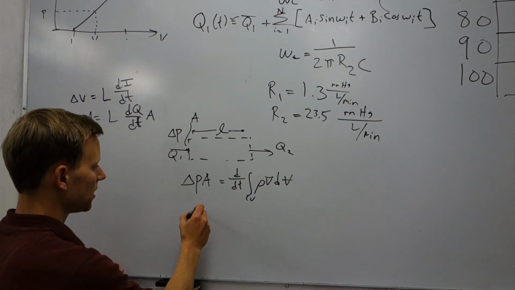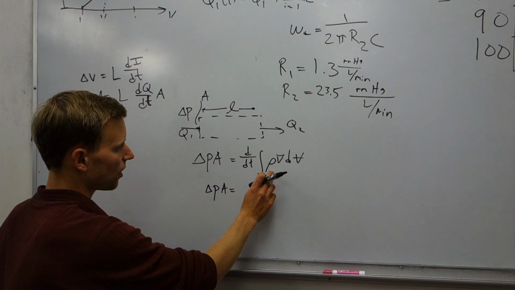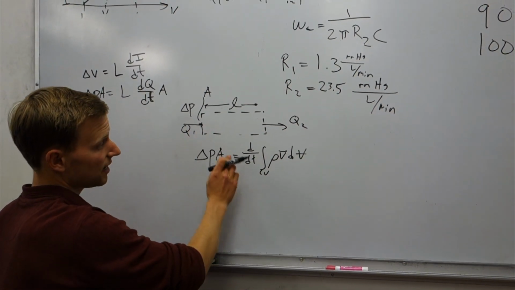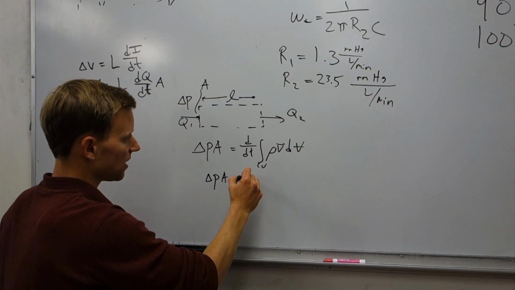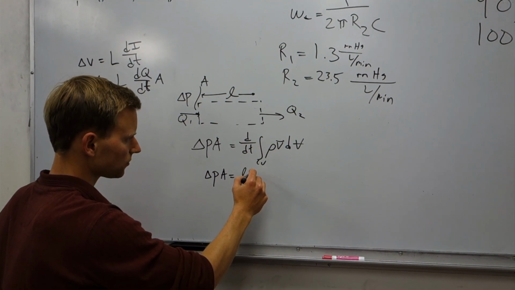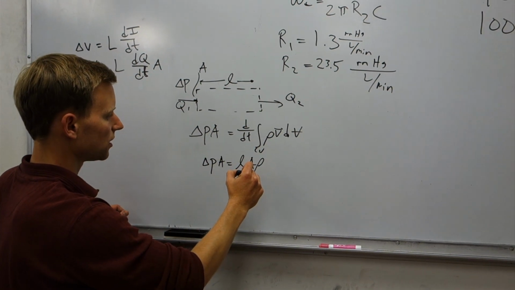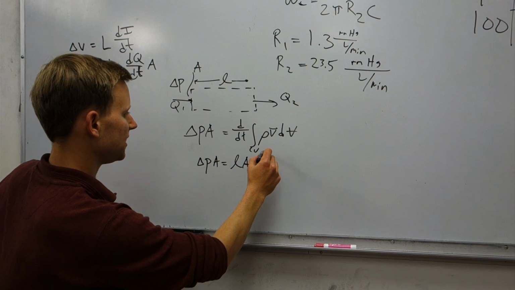So this becomes delta P times A equals rho comes out, dV is equal to L times A, and that comes out of the integral. So we have L times A times rho times dV/dt.